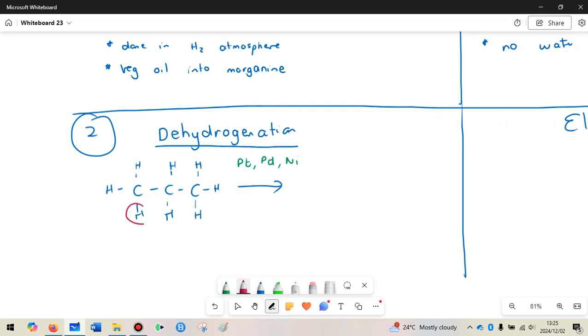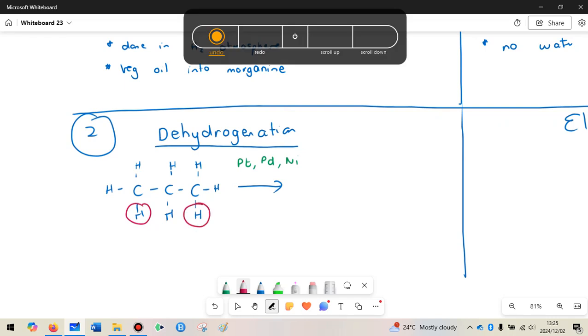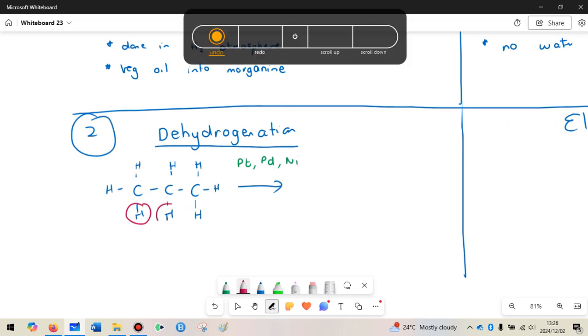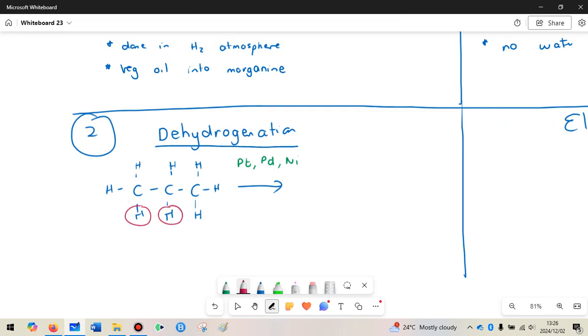So we're going to kick out a hydrogen. It doesn't really matter from where. You just obviously can't kick out a hydrogen from here or here, from not 2 adjacent carbons, because then where would your double bond go? Your double bond has to be between 2 carbons, so it has to be from 2 carbons that are next to each other. So let's highlight them or circle them so we can see.